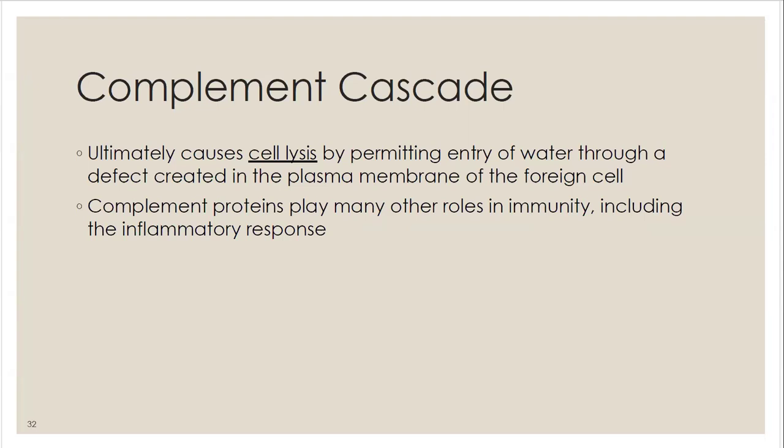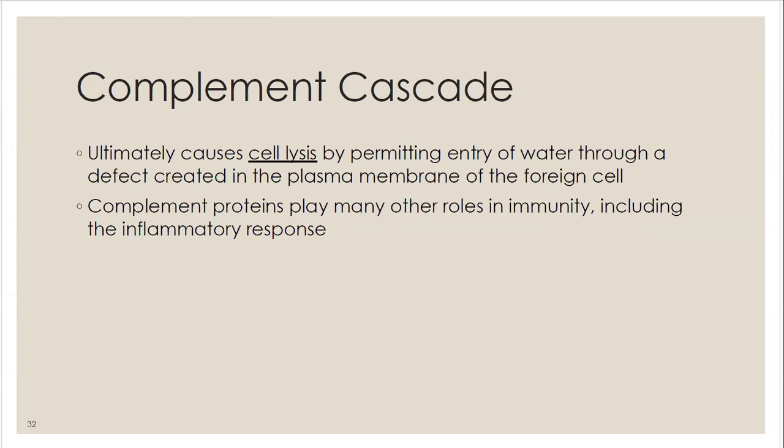Opsonization is when the complement proteins coat the surface of the pathogens and mark them for easier recognition and destruction by phagocytes. You have the complement proteins stimulating the release of inflammatory chemicals such as histamine to increase blood vessel permeability and attract more immune cells to the site of infection. The complement proteins work hand in hand with antibodies by amplifying their abilities to neutralize pathogens.